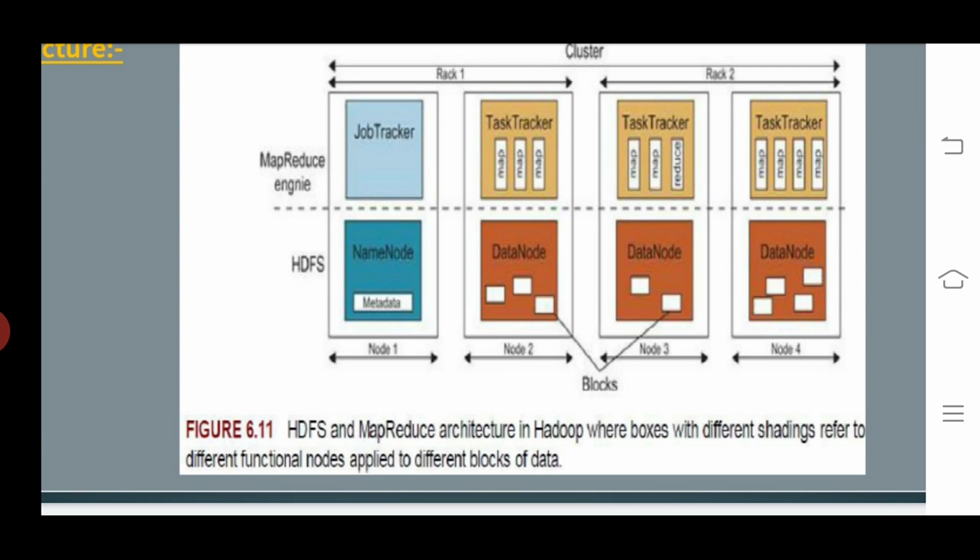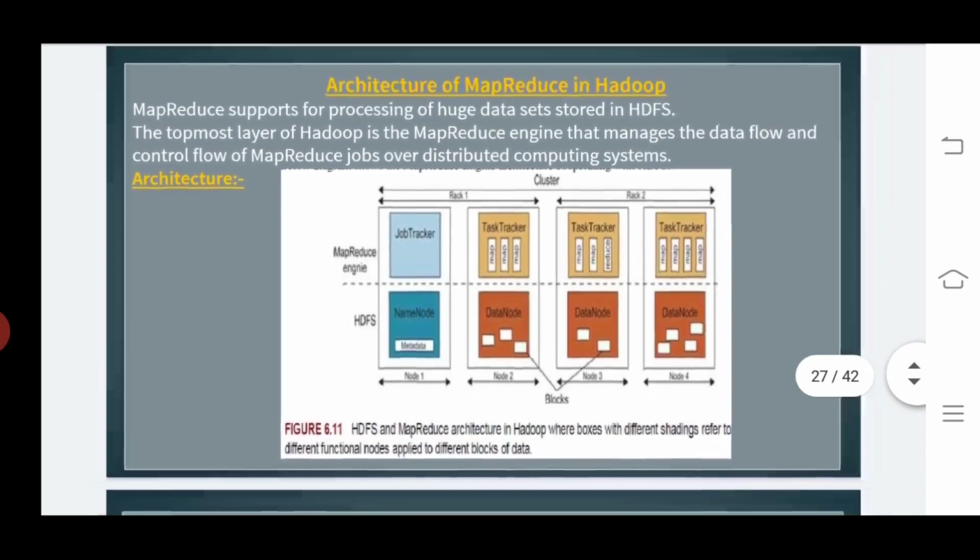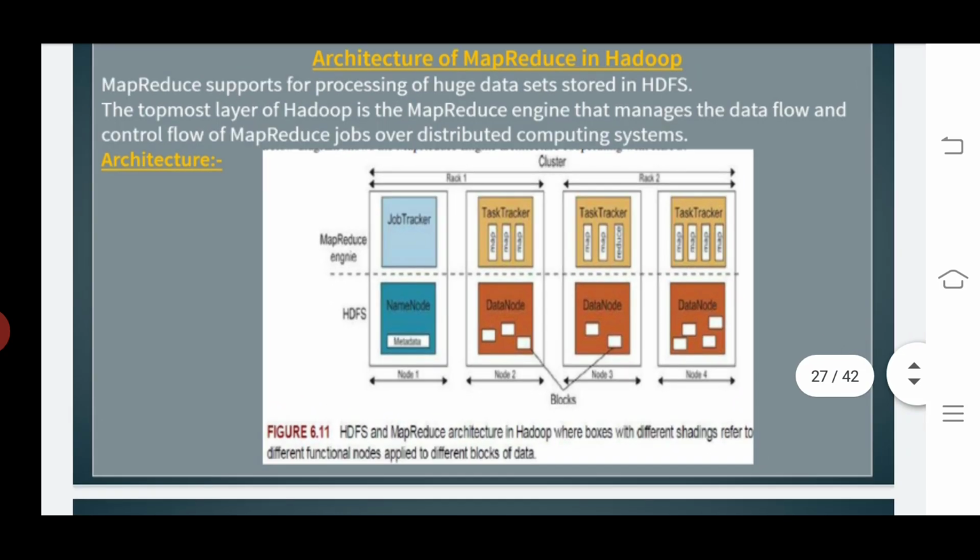Then node 2, and node 3 with the task tracker, execution of maps, and data node, with empty boxes as blocks. Finally node 4. This is the architecture of MapReduce in Hadoop.